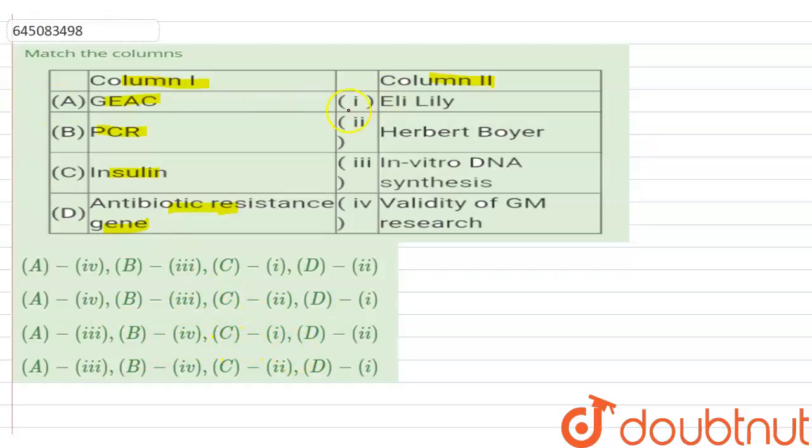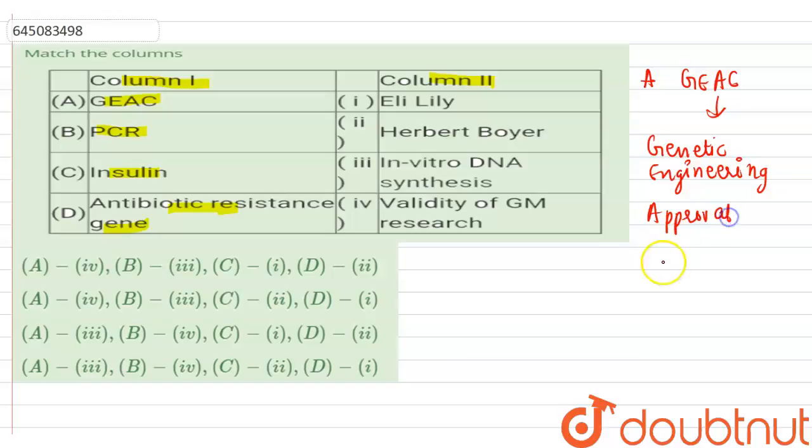So the first one is GEAC. A is GEAC, and GEAC stands for Genetic Engineering Approval Committee.